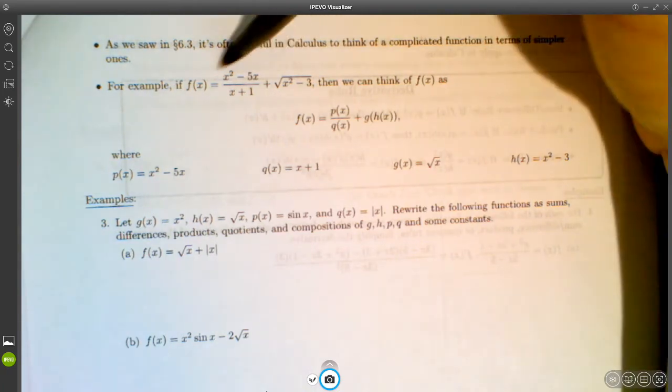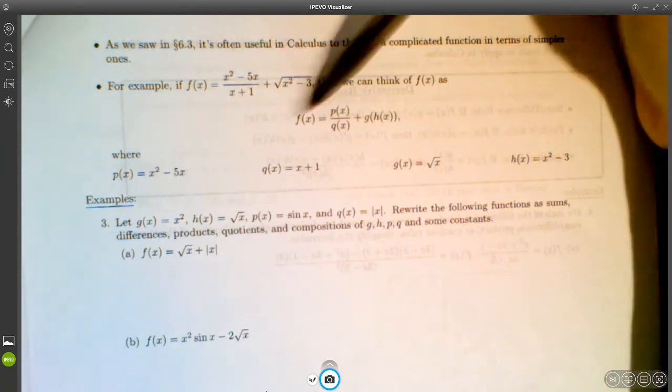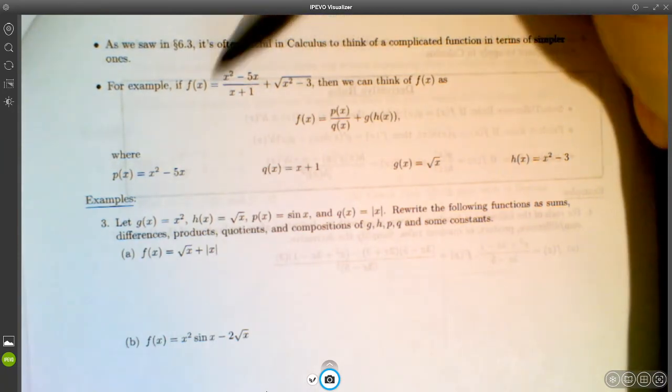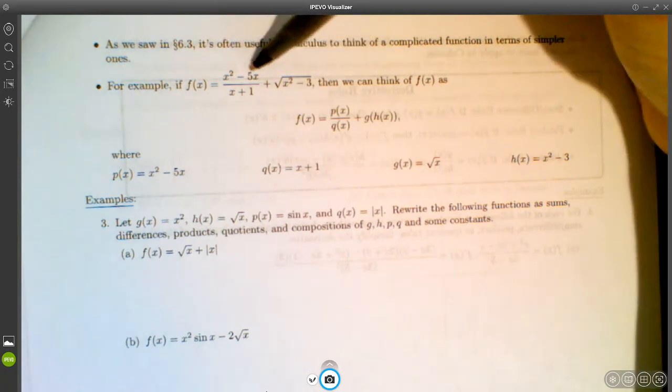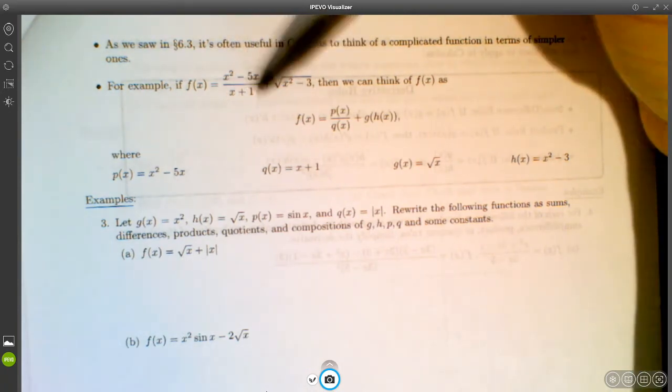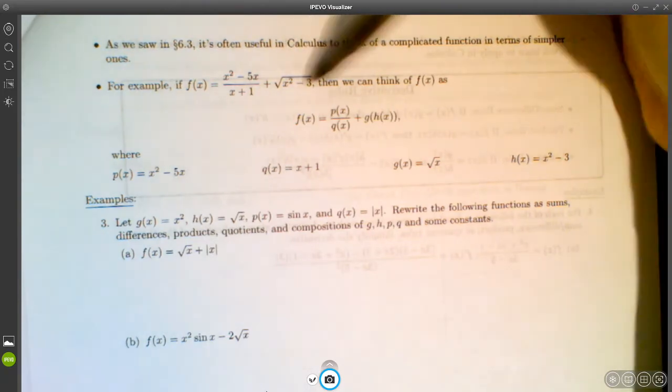So if you have this really big, nasty function here, this is really overwhelming to look at right at first. But if you can break it down into its smaller chunks, what you can recognize is that this is really some function divided by some other function plus the square root of some other function, right?